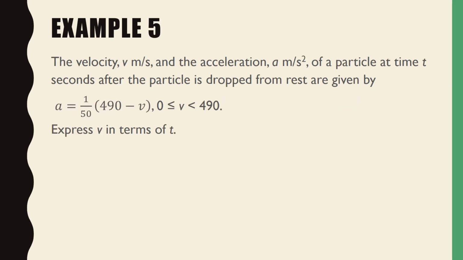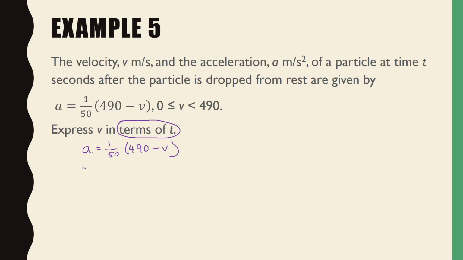Our last example for today, this time we've got our acceleration here, but our main clue is this time it's in terms of v still, but we want to express v in terms of t. So because we know we're going to need t's in our answers, that means we need to set up a form for acceleration that involves t.